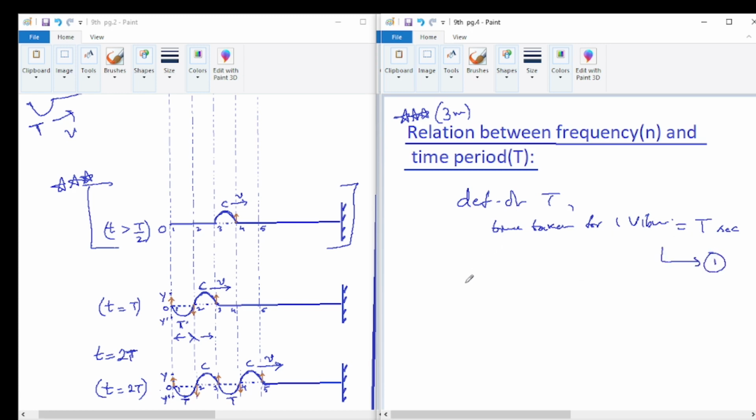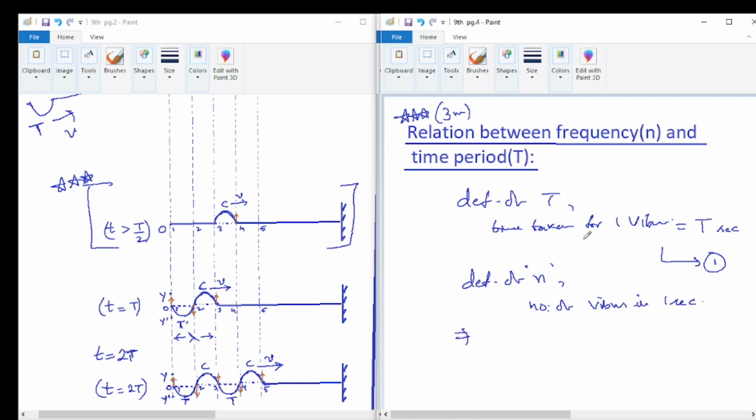Now apply the definition of frequency. What is the definition of frequency? It is the number of vibrations in 1 second, or exactly speaking, 1 unit time. But usually, related to wave motion, we measure time in seconds only. Now from this, what can be said?